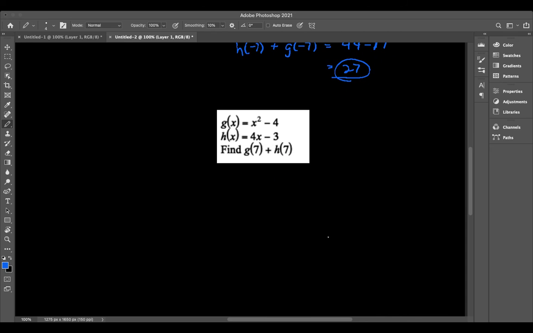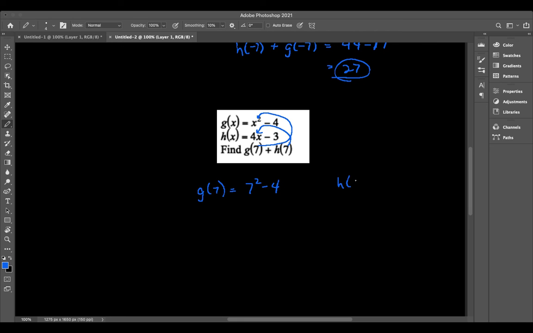Okay, so let me give you another problem like that. So again, like I said, same thing. We'll take 7, I'm going to substitute in for x. This 7 here is going to go substitute in for this x as well. Okay, so we do that out. So it would be g of 7 equals 7 squared minus 4.